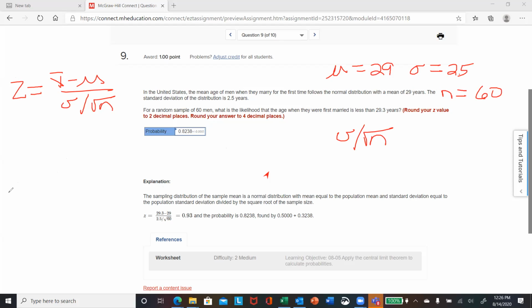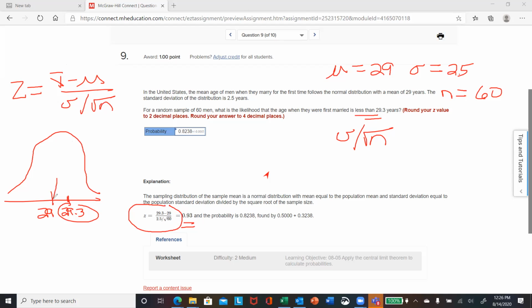So in this problem, if I draw out the curve and we put 29 in the middle, and we want 29.3, you convert 29.3 into a z-value, which they're going to show you right here. Looks like you get 0.93. So if you look at 0.93, in this case, we're married at less than 29.3 years.